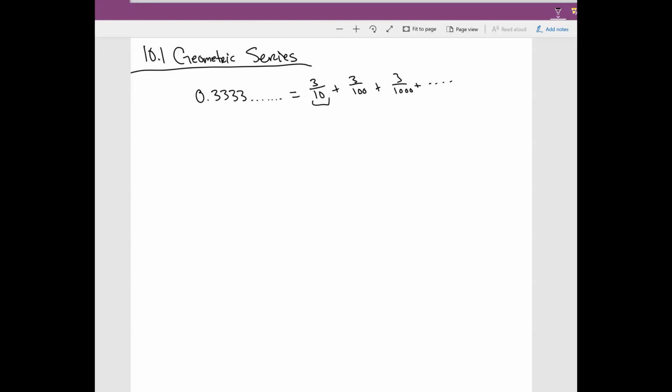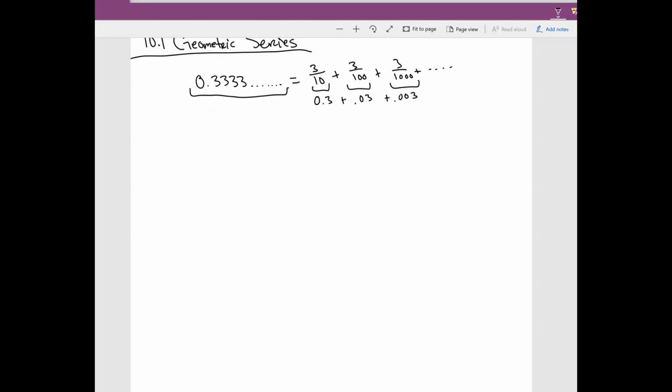Because this guy is just going to be 0.3, this guy is going to be 0.03, this guy is going to be 0.003, and so on. If you were to add all these guys, you're going to get this infinite 0.333333. Okay? So I can rewrite this repeating decimal as a series, because this is basically what a series is.